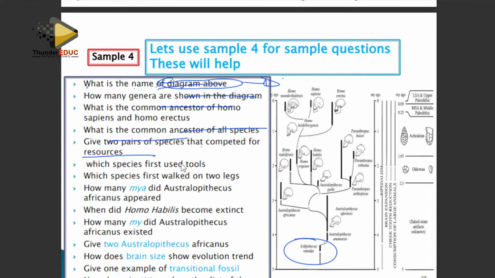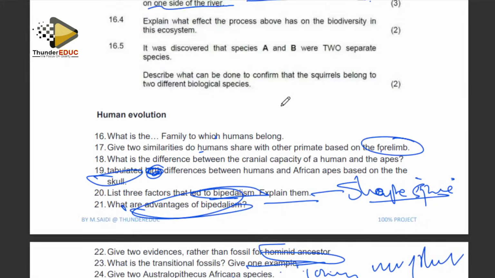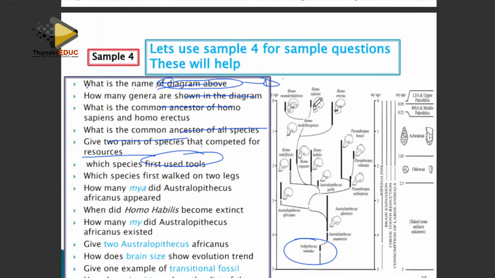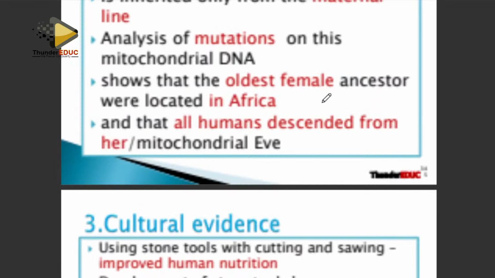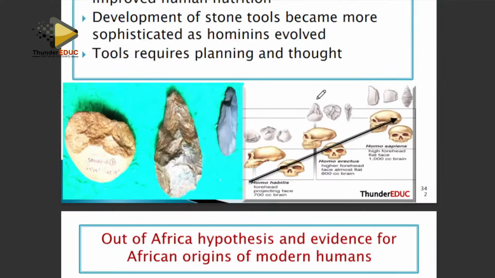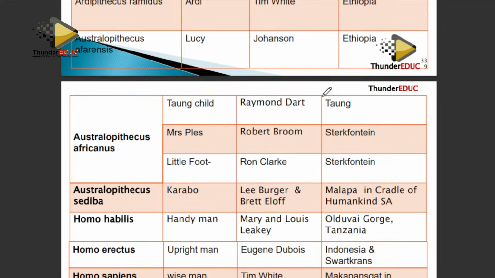Which species first used the tools? Yes, we know that the species which first used tools is Homo habilis. You understand? Homo habilis are the ones which first used tools.